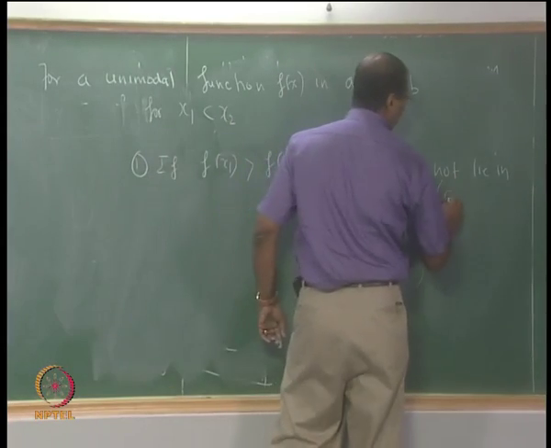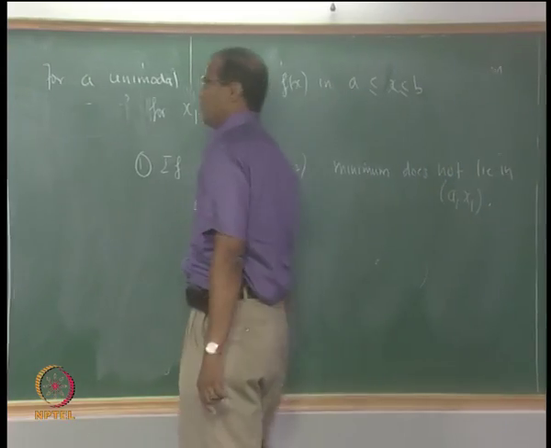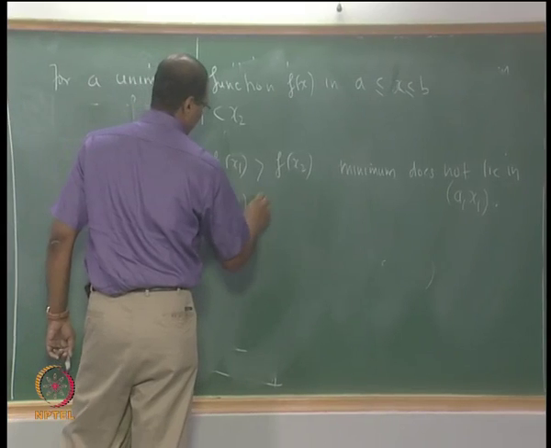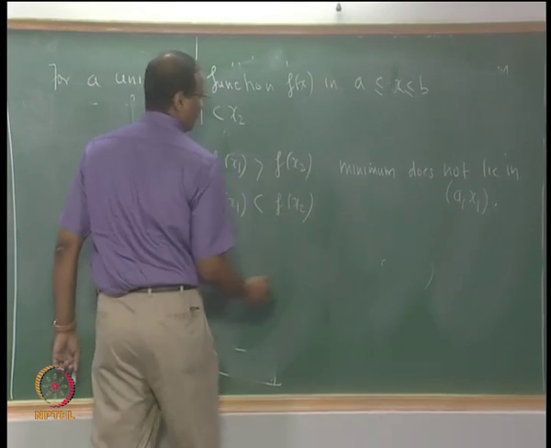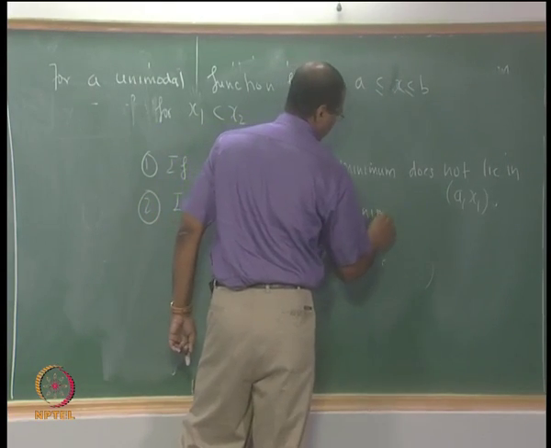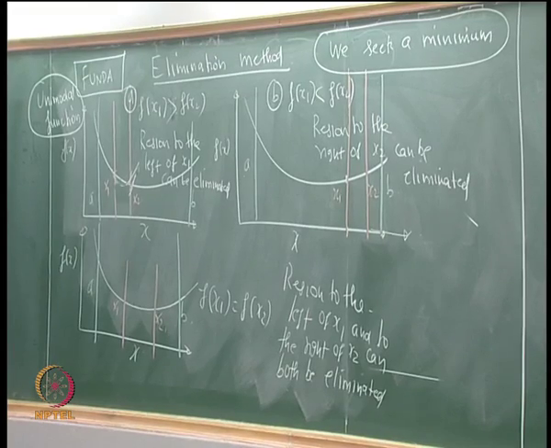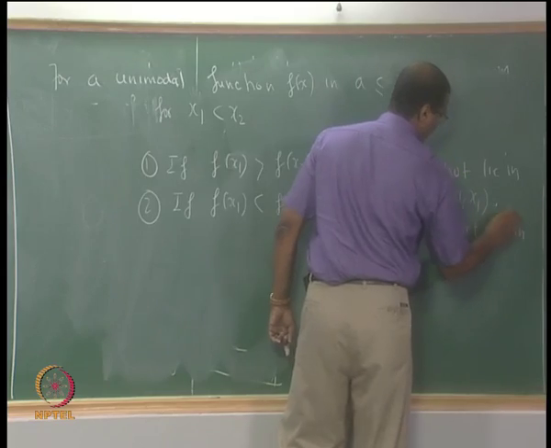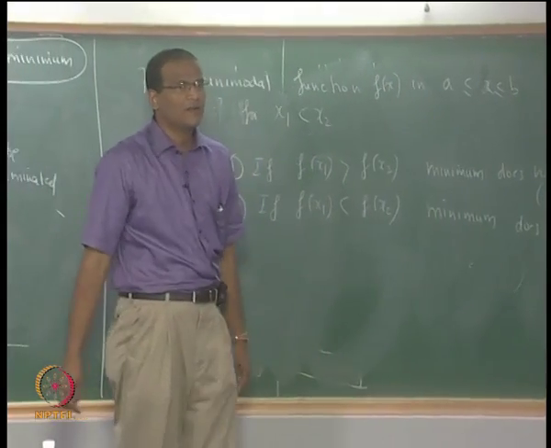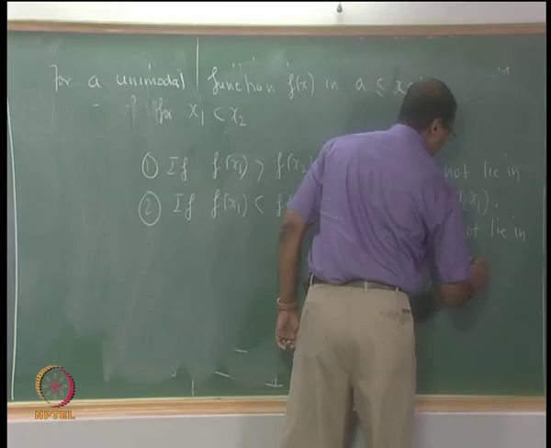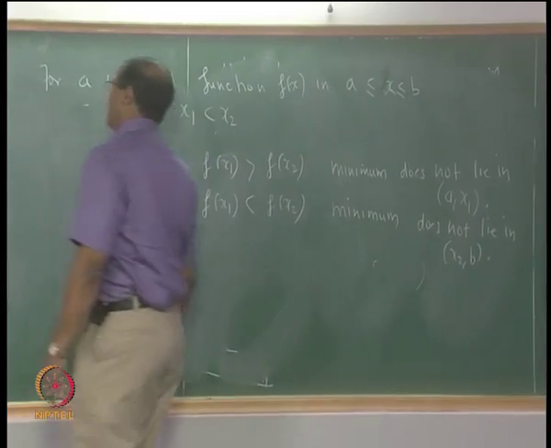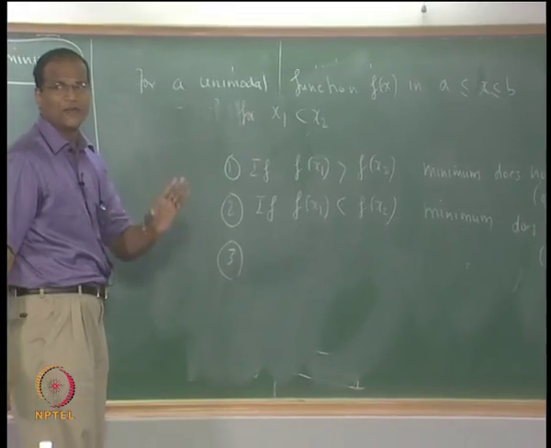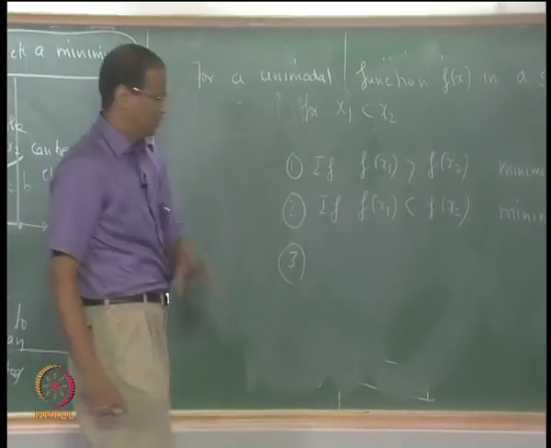Good. Minimum does not lie in x2 to b. Very good. Minimum lies in between if f of x1 equals f of x2. Correct.